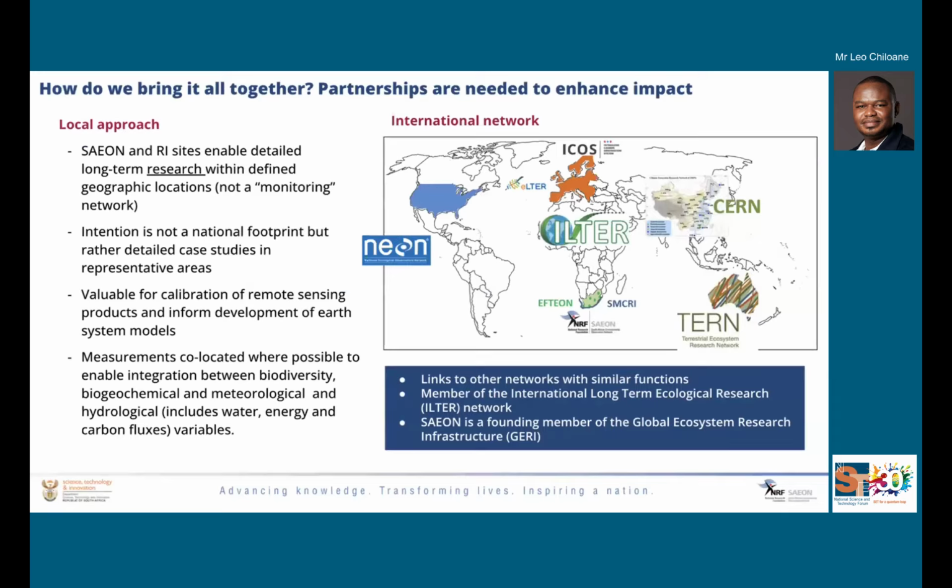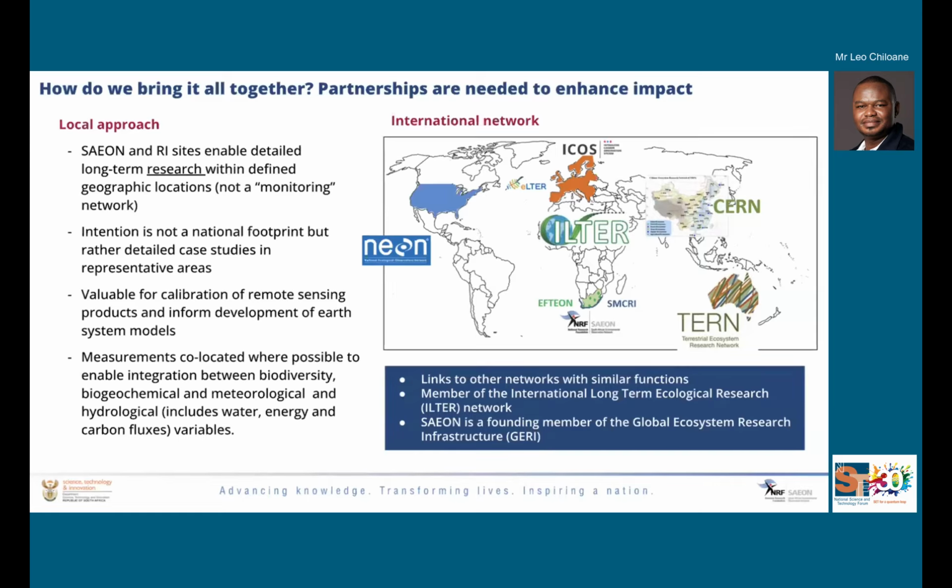So how do we bring this all together? What we find is that in trying to break through silos, we've got to partner up with international networks as well. Locally, our research sites enable detailed long-term research within defined geographic locations. So we're not necessarily a monitoring network in that regard. We don't have a national footprint.